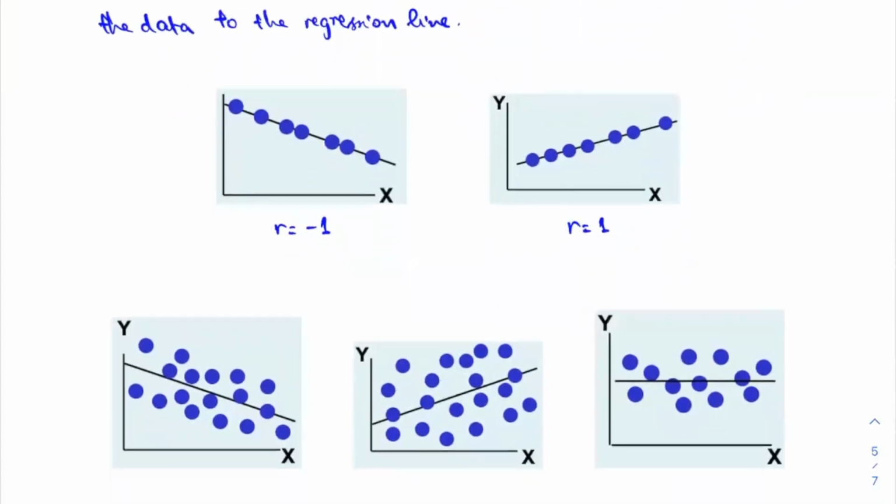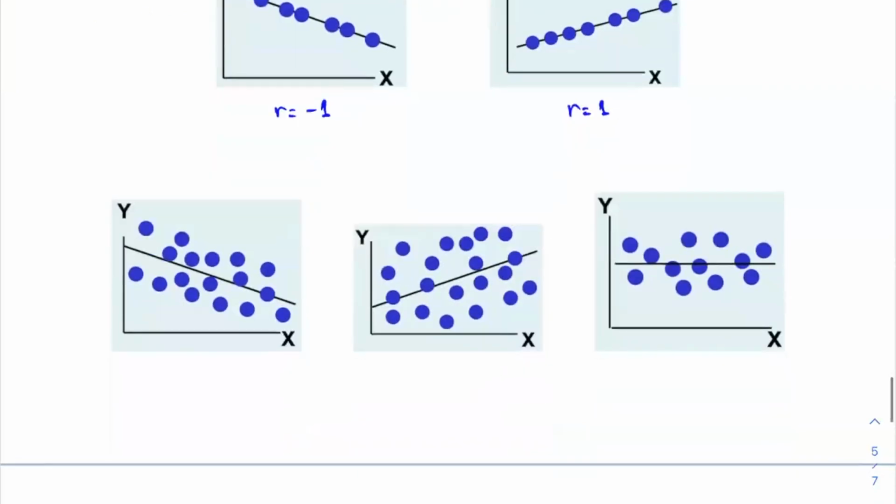Here the points cluster around the line, and the line is going down. So R is not close to -1, since the cluster is moving away from the line.